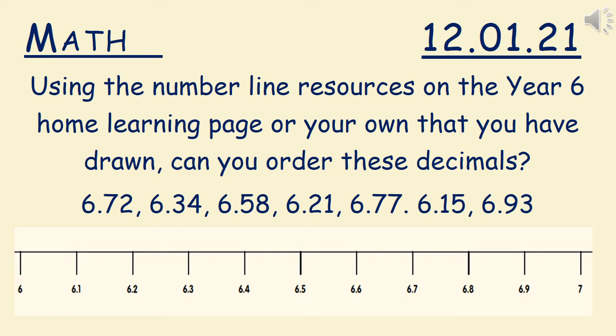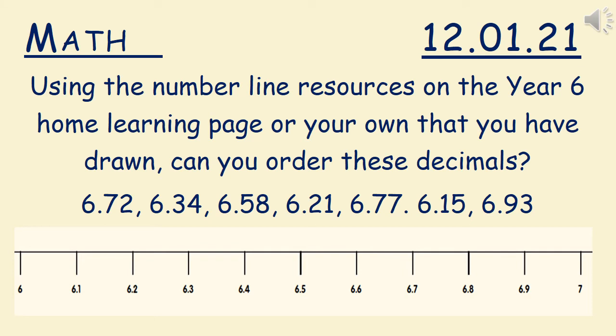This time they are 2 place decimals, and the number line is a number line from 6 to 7 broken into 10 pieces, and each increment goes up by a tenth, starting at 6 to 6.1, 6.2, 6.3, 6.4, 6.5, 6.6, 6.7, 6.8 and 6.9, finishing at 7.